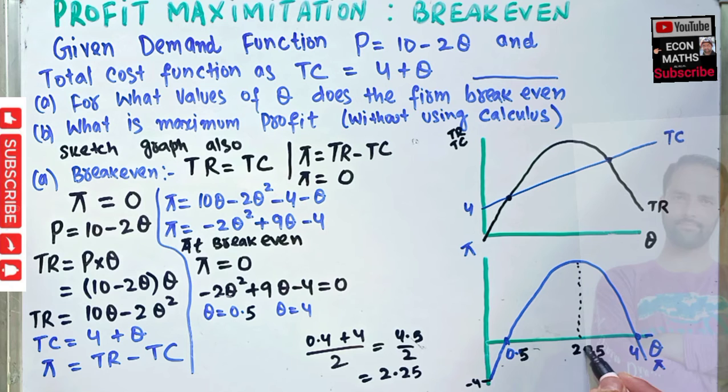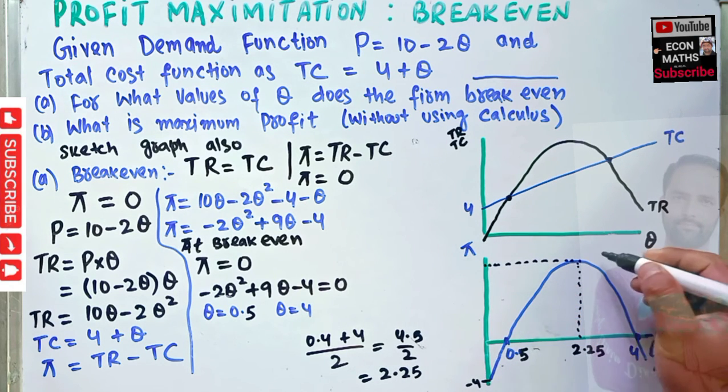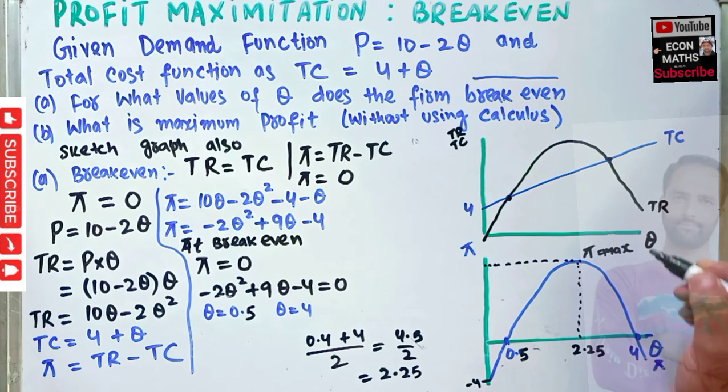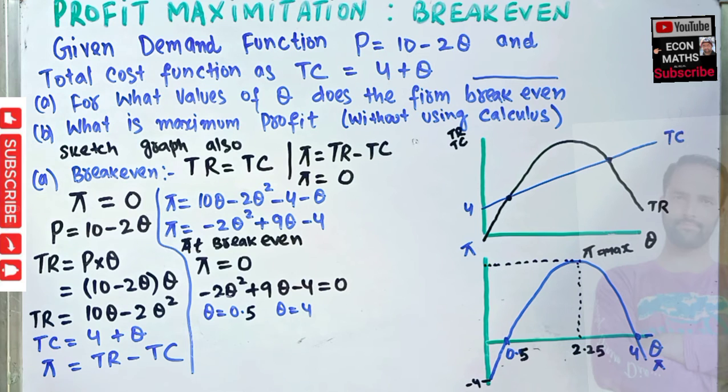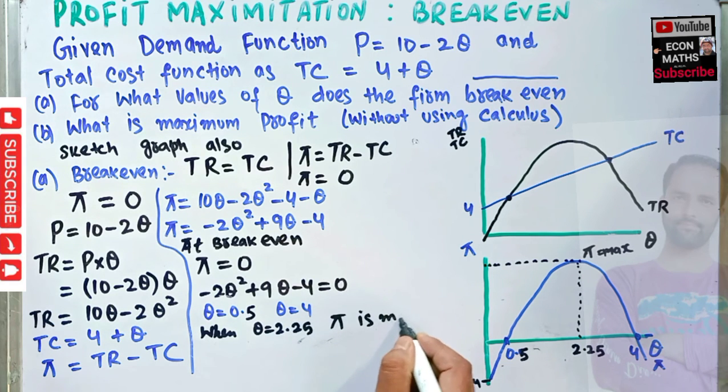When output is 2.25, our profit will be maximum. Sorry, I said output is maximum, our profit is maximum. Let me write it here. When q is equal to 2.25, profit is maximum.